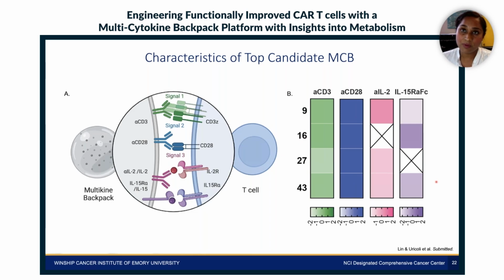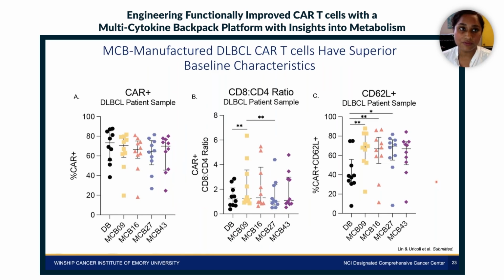It's important for me to point out here, we weren't looking to identify an ideal reagent here. We were actually looking to validate our platform that could be used to identify reagents that were ideal for a specific phenotype in manufacturing.